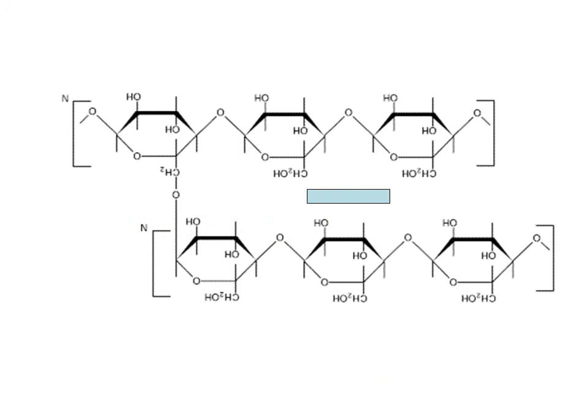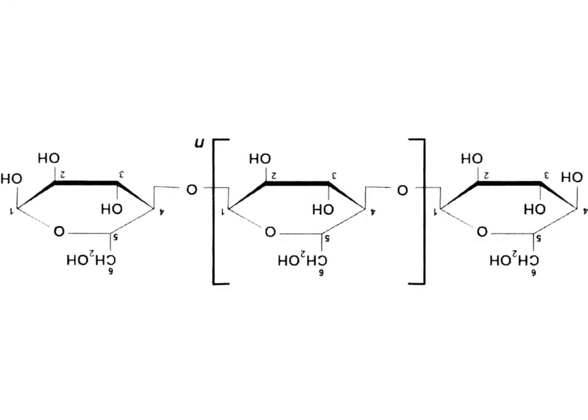So in this image, I would like for you to tell me if humans can break this molecule down. Additionally, I would like for you to tell me if humans can break this sugar down.